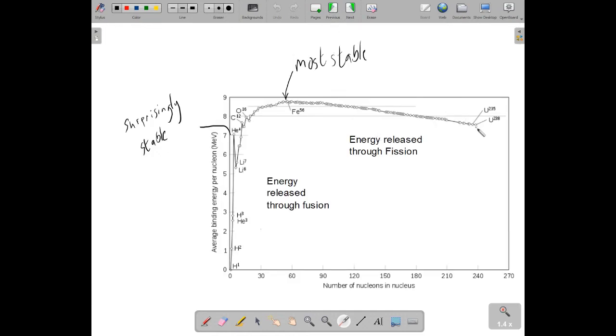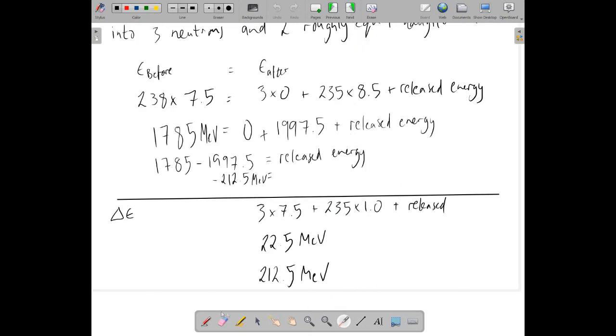So my 3 neutrons, their binding energy went from 7.5 to 0, and then the rest changed by 1. Okay, they went from 7.5 to 8.5. So that gives me 235 times 1 is about 235. So if I take this and I say, well, let's start that as it equaling 0.